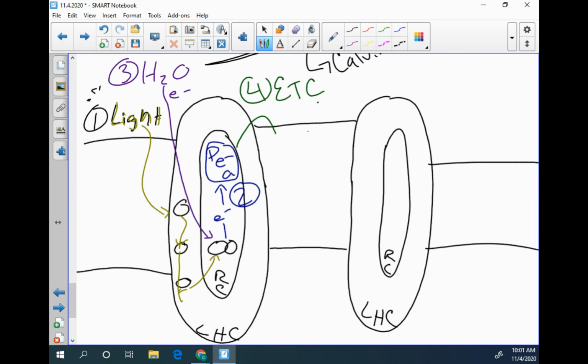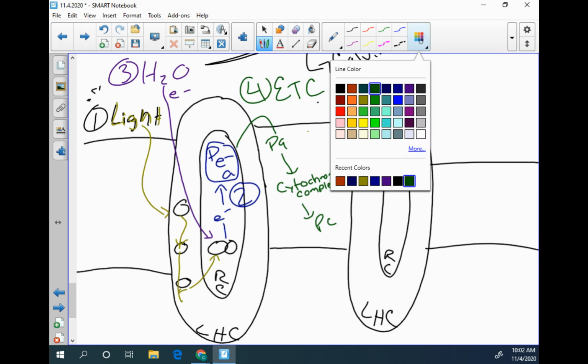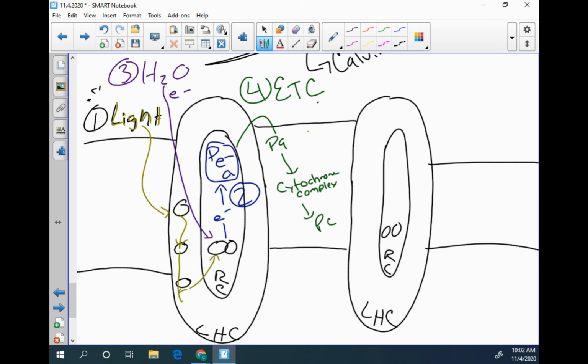Our electrons from the electron acceptor will go to PQ, will go to a cytochrome complex, which will go to PC, which will eventually transfer electrons to those two special chlorophylls in PS1.